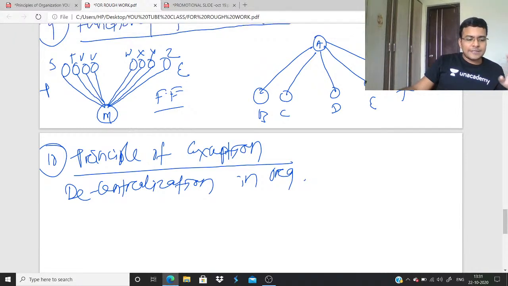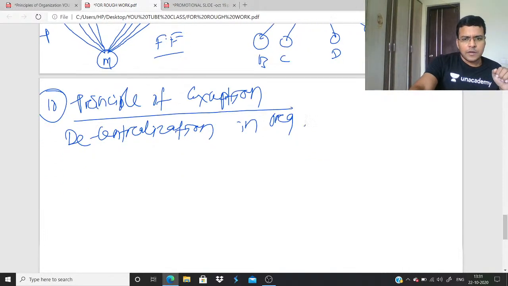Taylor wants that employees do their work, and in case they face any problem, management should come and solve it. So this is the principle of exception. So with 10 points, you can easily write 400 words. Okay, these are the 10 points.